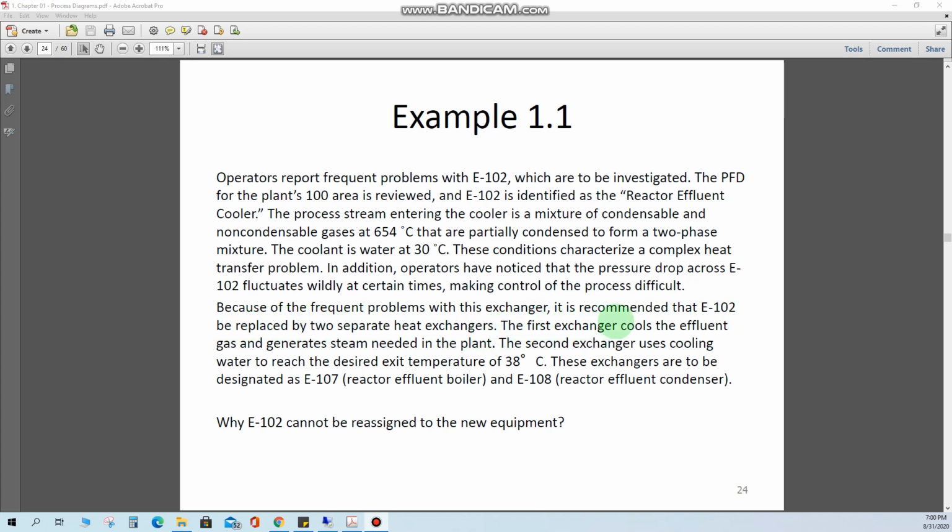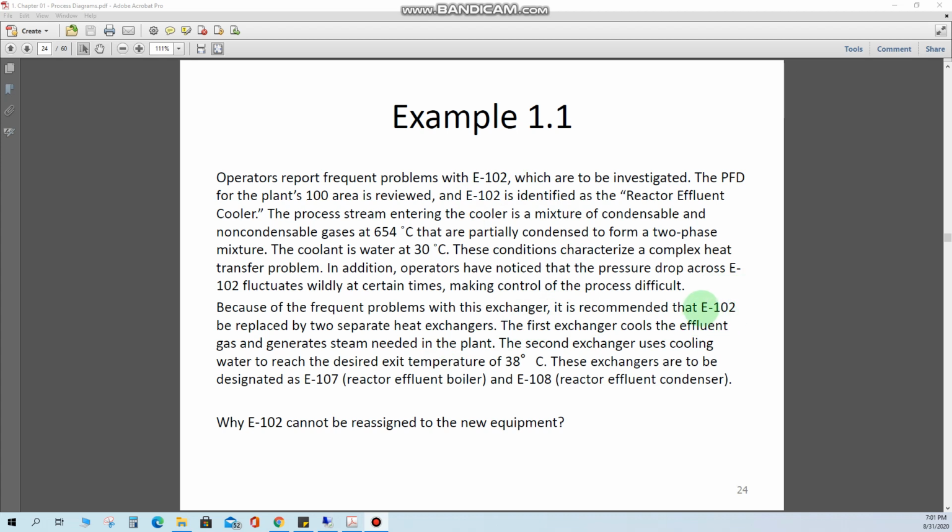The first heat exchanger cools the effluent gas and generates steam needed in the plant. The second heat exchanger uses cooling water to reach the desired exit temperature of 38 degrees centigrade. These exchangers are to be designated E107 and E108. Okay, now what you can see here is this heat exchanger which has been replaced because of certain problems that are mentioned here.